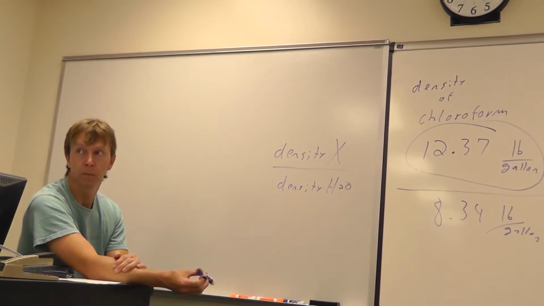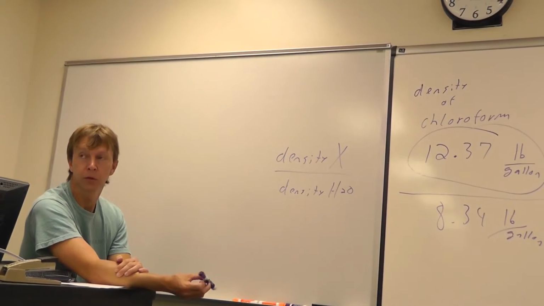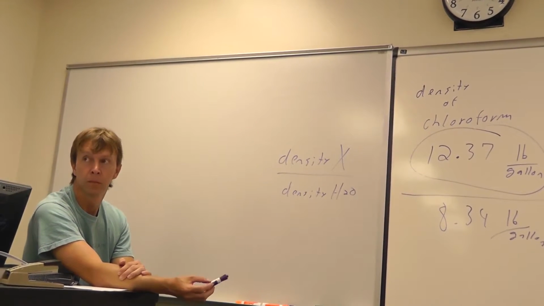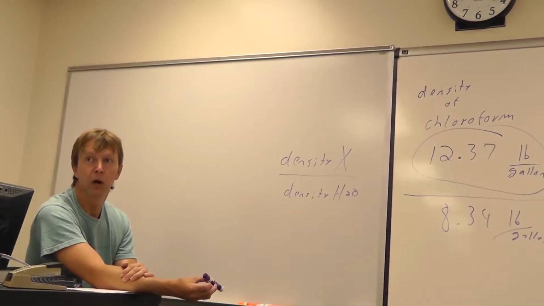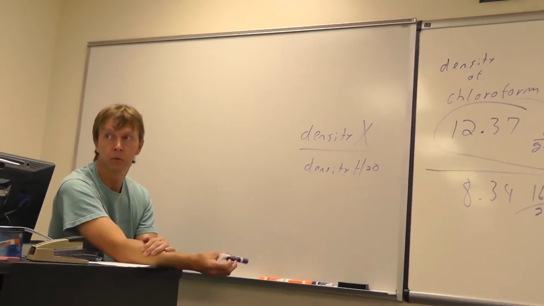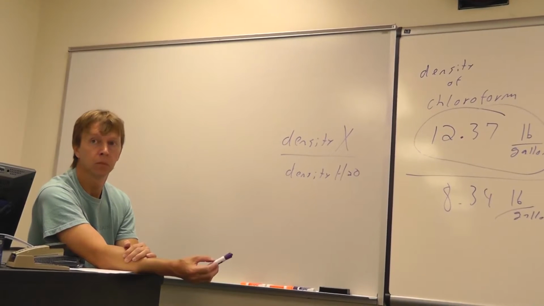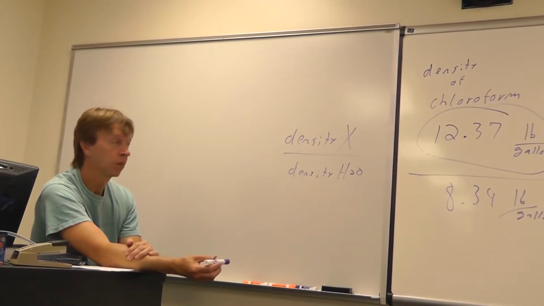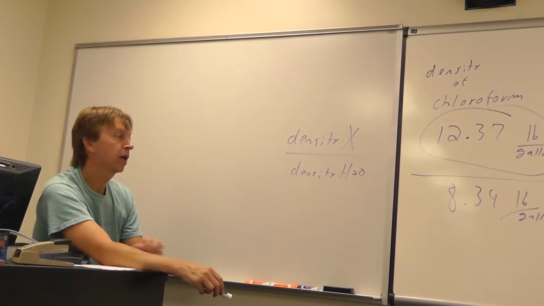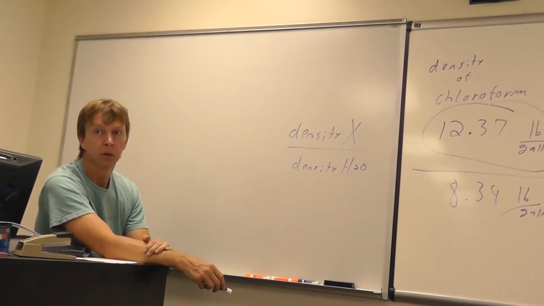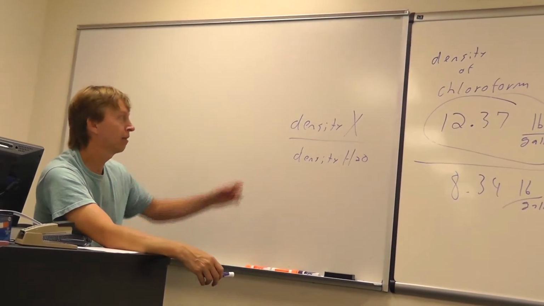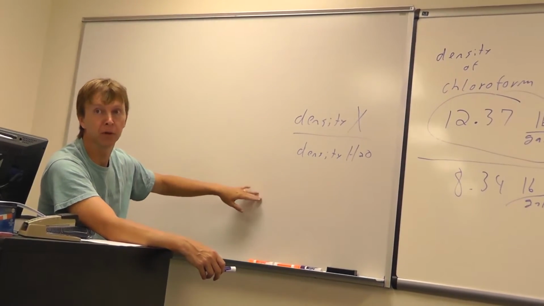Other questions? Yes. Is it always going to be density over the density of water? Yes, it's always relative to water. Why? Water's a very well categorized reference point. I've given you the density of water in 3 different units.